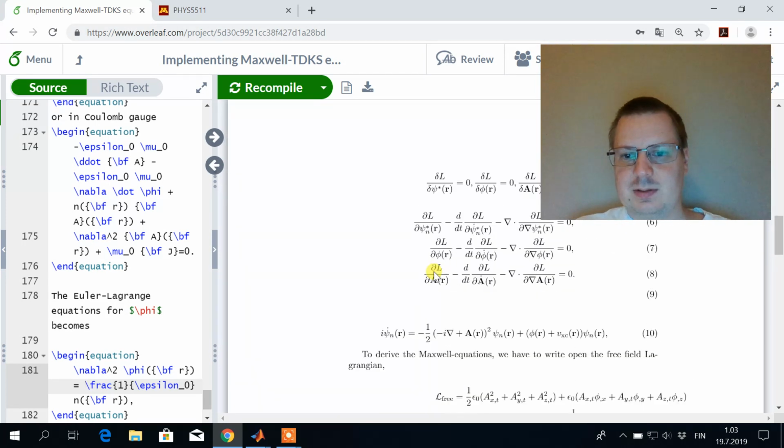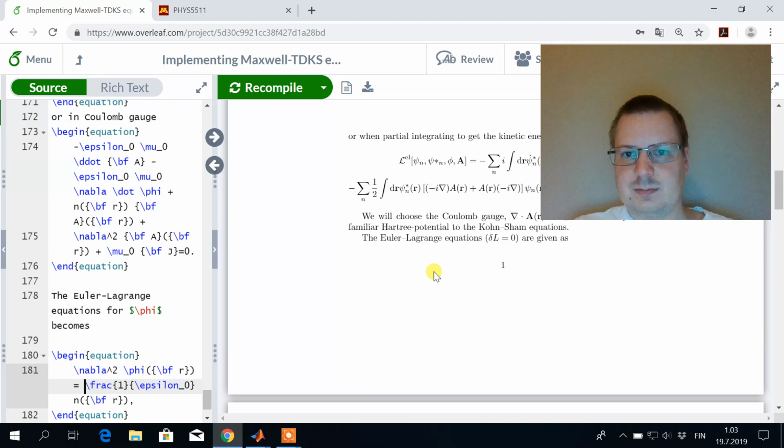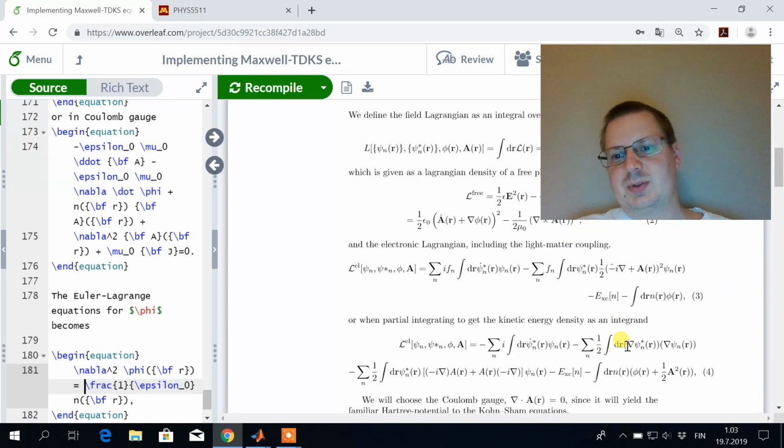So this one here is potential energy, so it's minus.